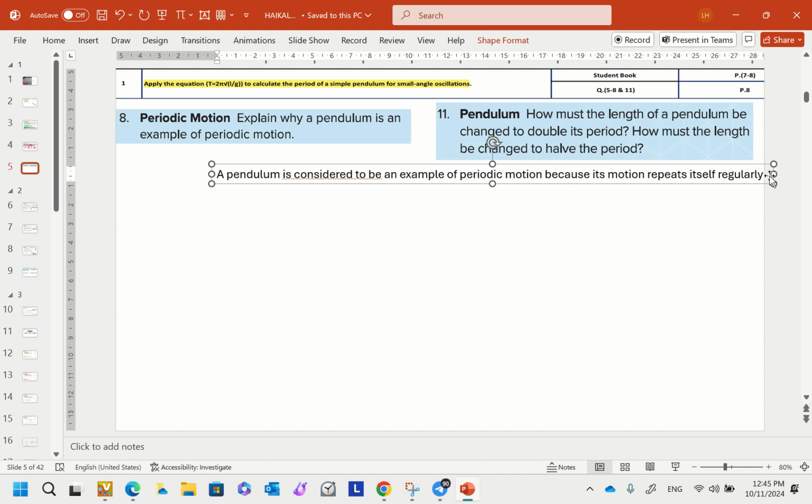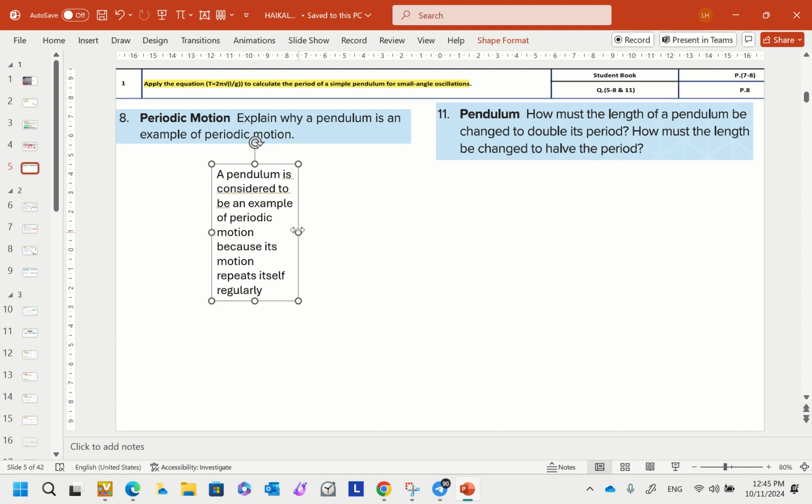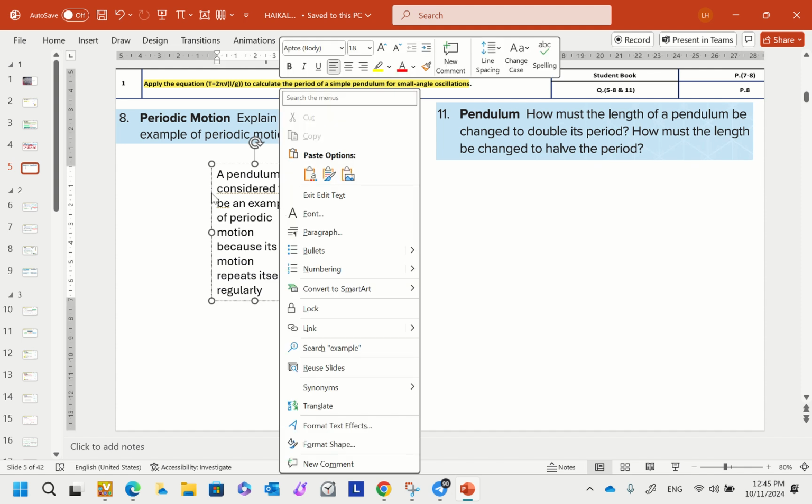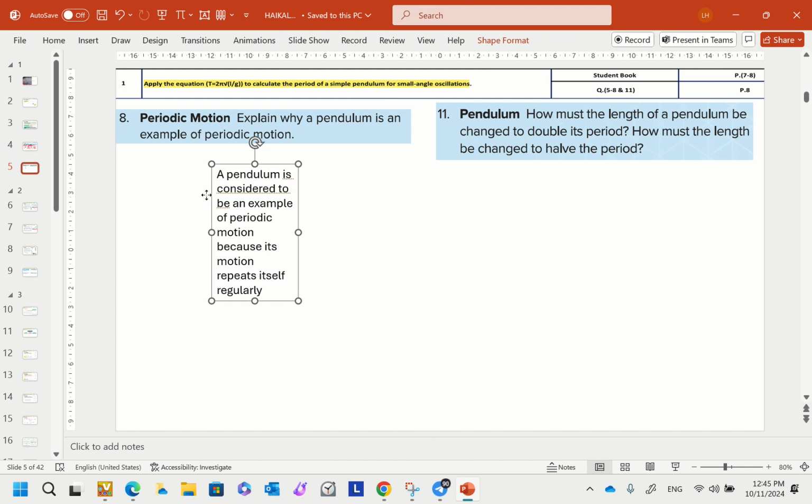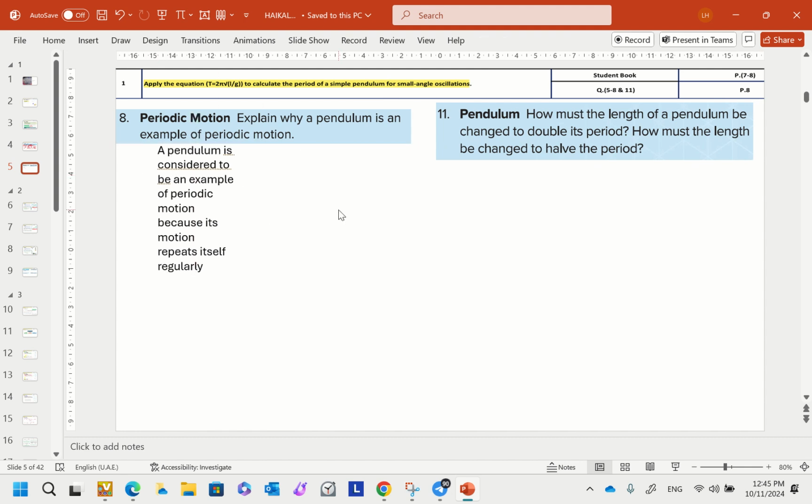For a pendulum, it goes from one point back to the same point and repeats that motion over and over again. So it is considered to be a periodic motion.